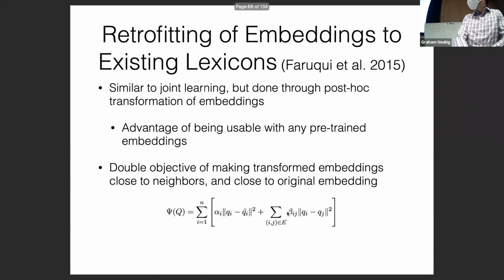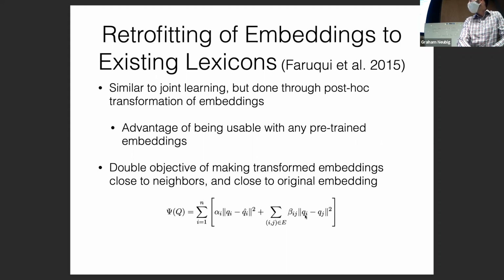So the specific objective function that they used to do that was this. If we have qi hat, which is the original embedding, and qi, which is an adjusted embedding, they have a dual objective of keeping the embeddings as close as possible to how they were. So they have this loss function where the higher the distance between the adjusted embedding and the original embedding, the more the loss is.